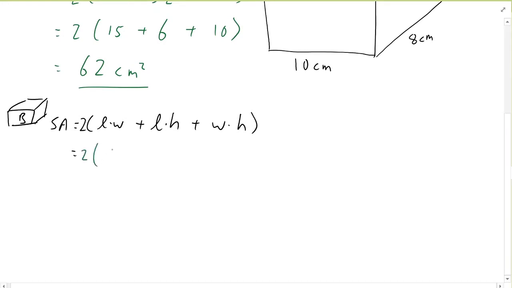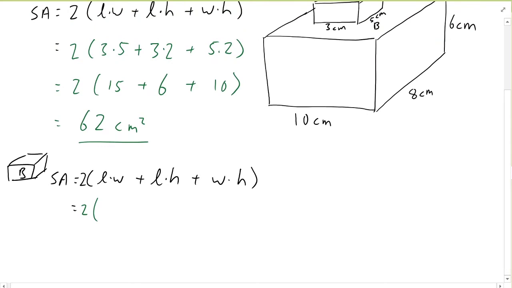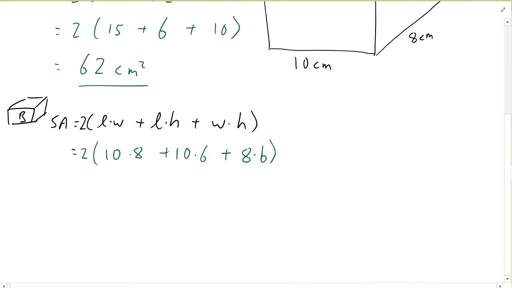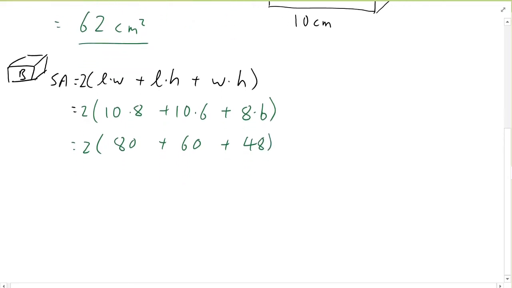So our prism here has a length of 10, a width of 8, length is 10, height is 6, and width of 8 and height of 6. So 10 times 8 is 80, 10 times 6 is 60, and 8 times 6 is 48. Alrighty, we have the surface area of the bottom rectangular prism.